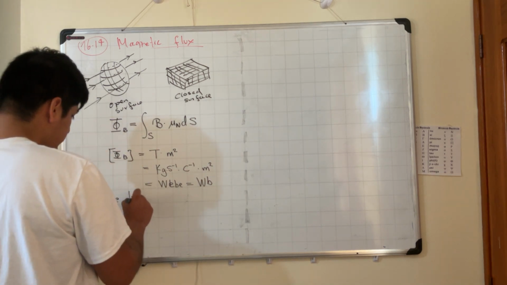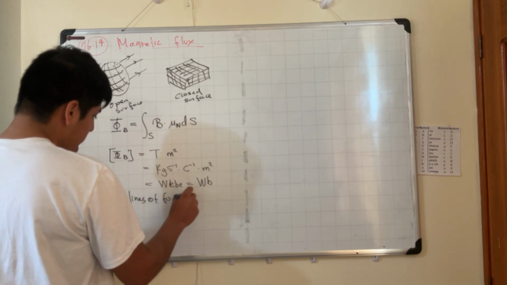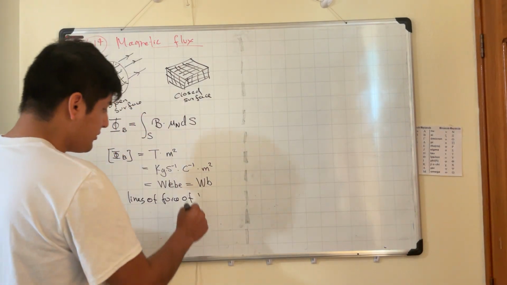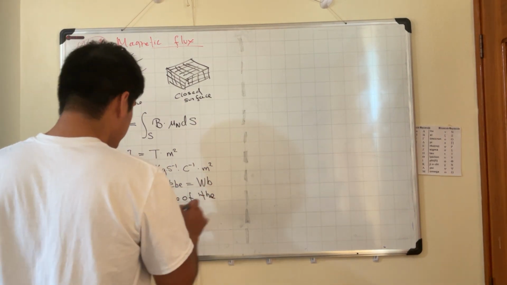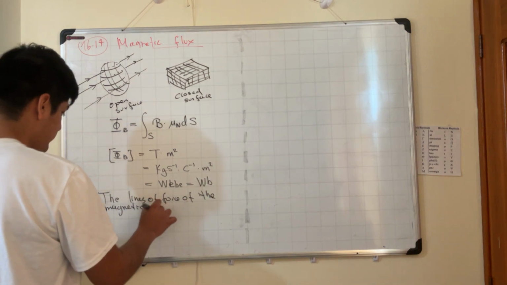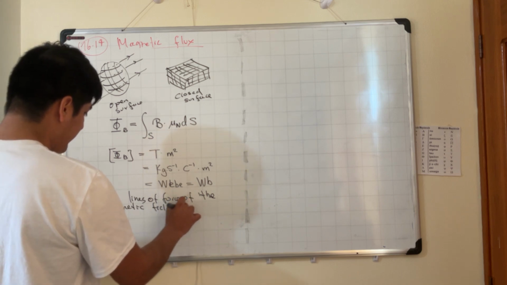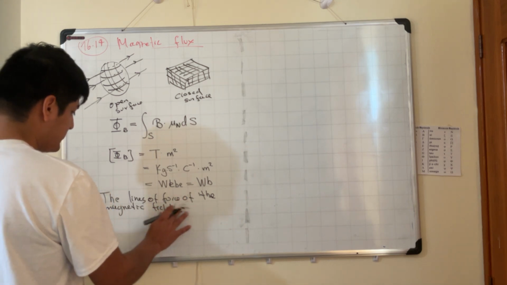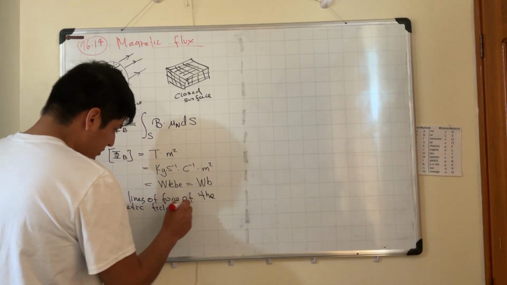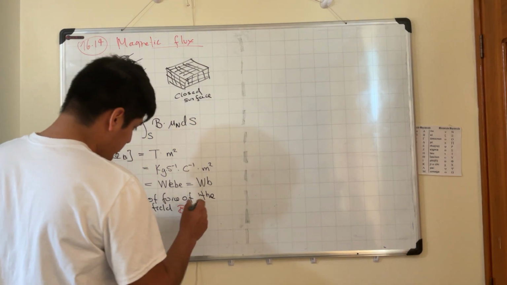The lines of force of the magnetic field B are closed.